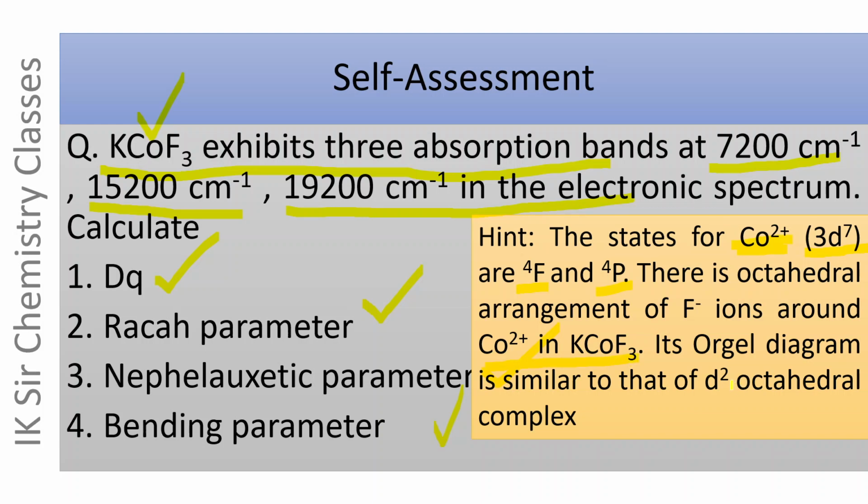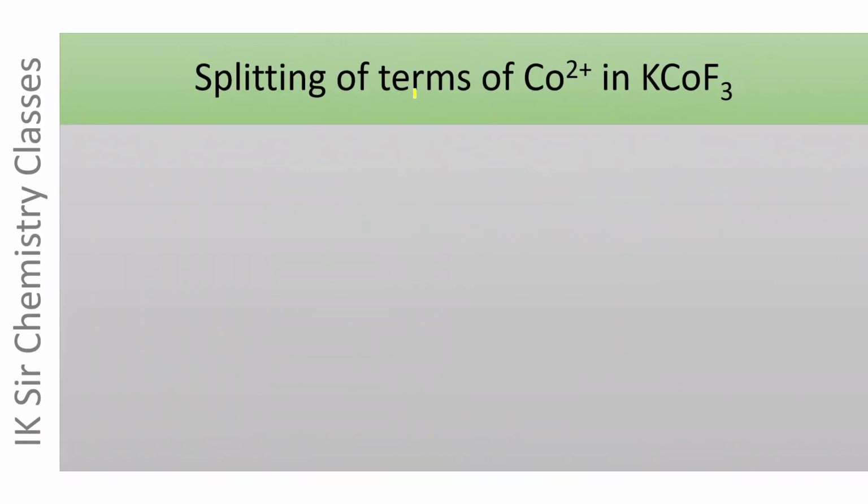Its Orgel diagram: a d7 octahedral complex has an Orgel diagram similar to a d2 octahedral complex, and hence the splitting of terms can be represented as here, a splitting of terms of cobalt 2+ ion in KCoF3, which has an octahedral arrangement of F⁻ ions about Co2+ ion, and it is a d7 octahedral complex, and hence its Orgel diagram is similar to a d2 octahedral complex.